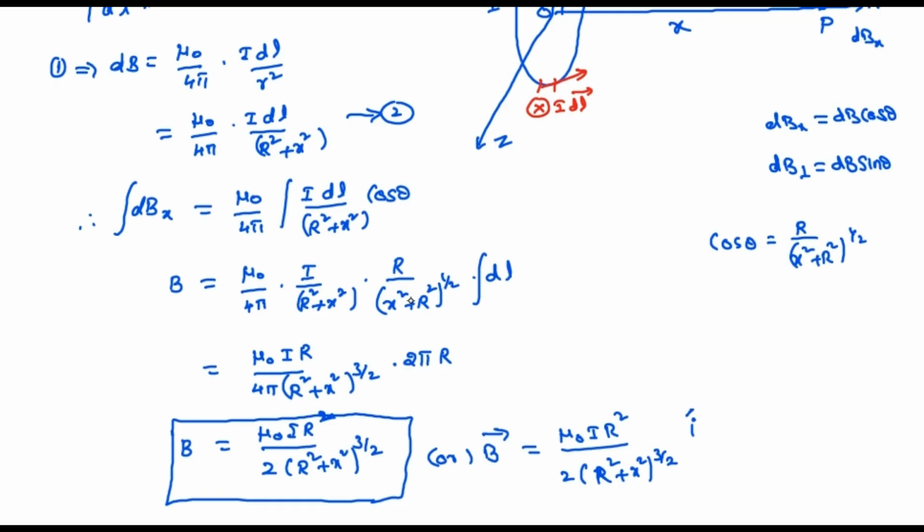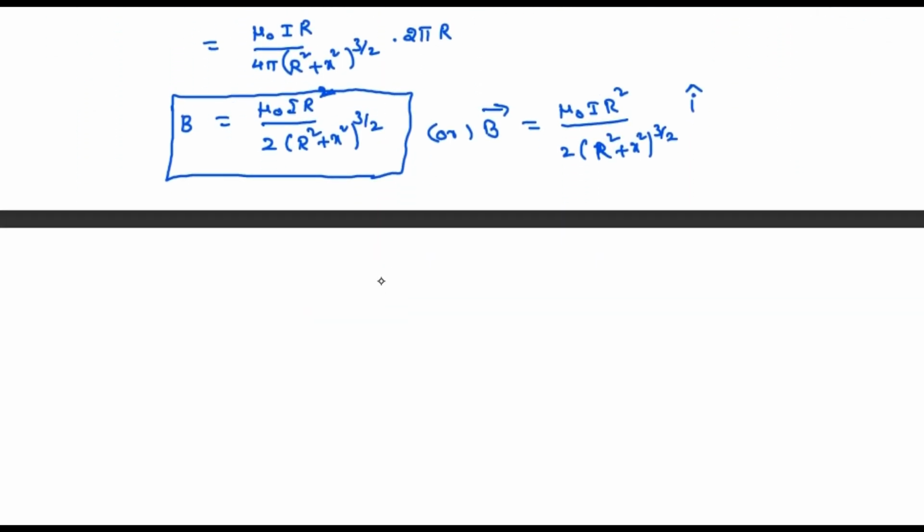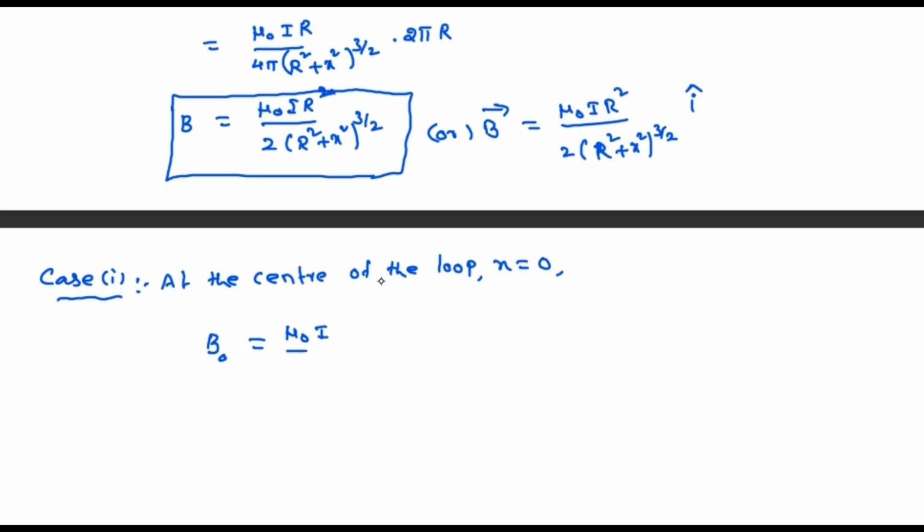It is along the x axis, that's why we can use i cap here. Say at the center of the loop, x is equal to 0, then this value B naught is equal to mu naught I divided by 2R. This is the magnetic field at the center of the loop.